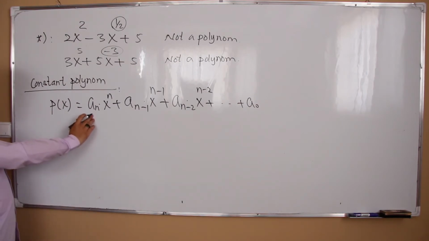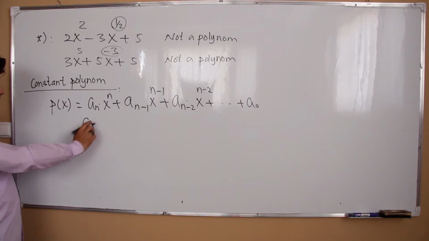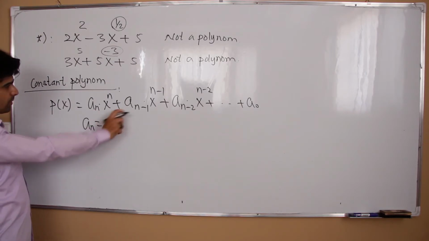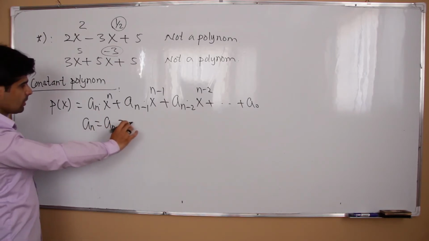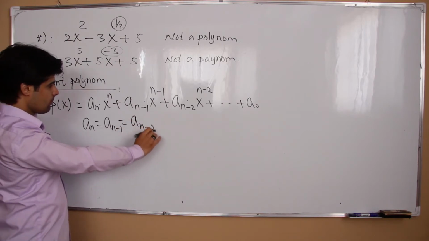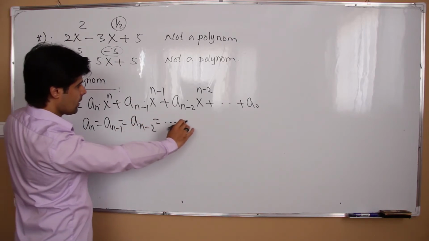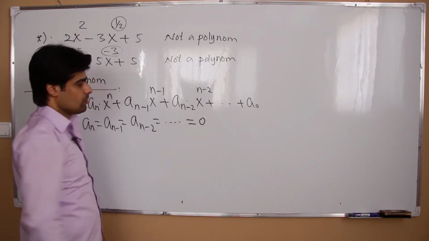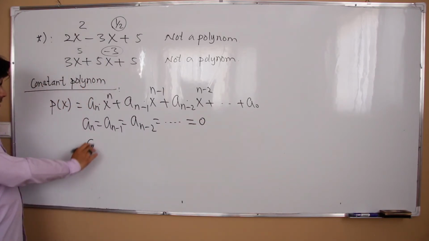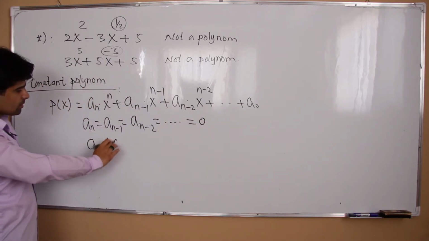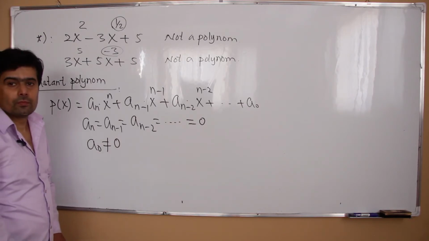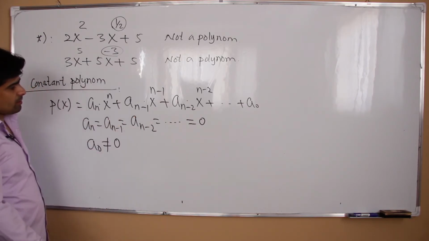A constant polynomial is that polynomial which satisfies the condition that an should be equal to an minus 1, equal to an minus 2, and they should be 0. But a0 should not be 0. This is called a constant polynomial.